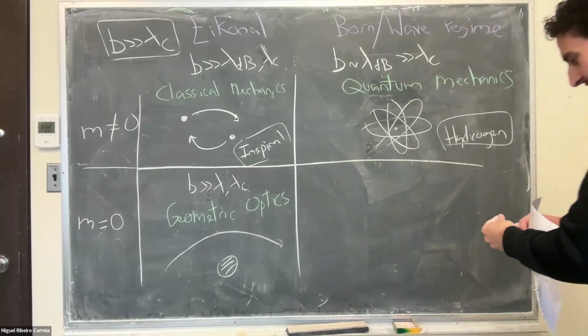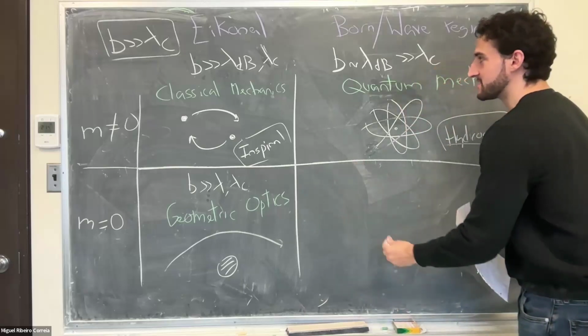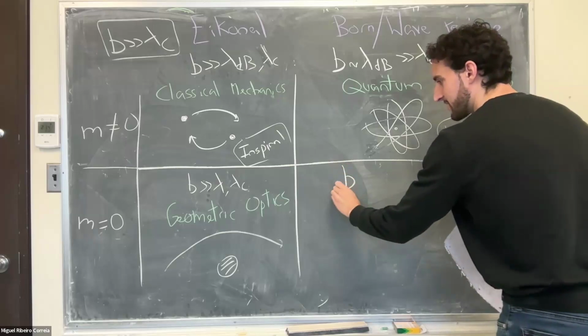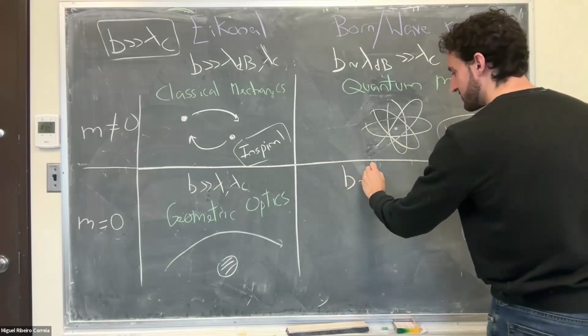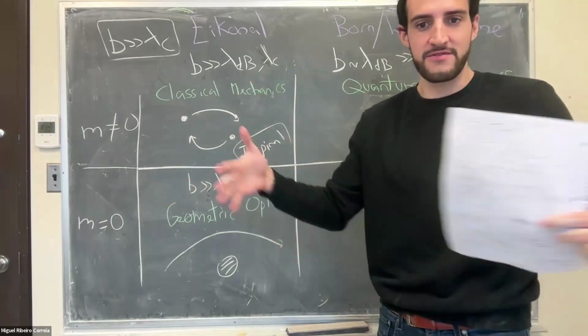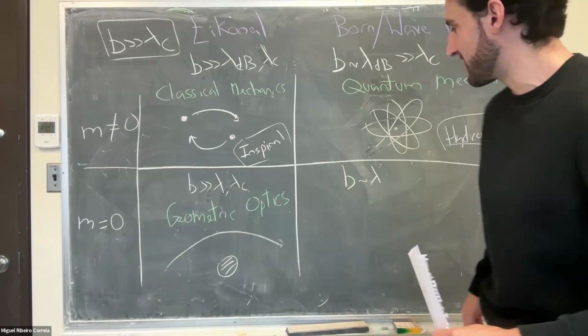Finally, we have a fourth possibility, which is the massless case. The impact parameter of these objects is of the same order as the wavelength. One particle is massless, so it's basically a classical wave, like a gravity wave.